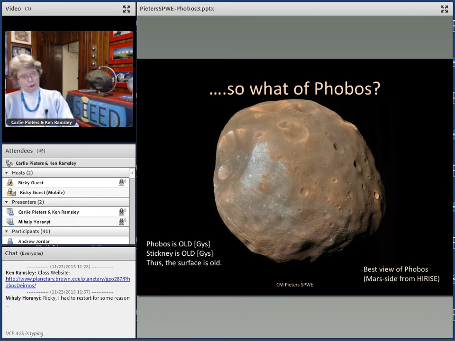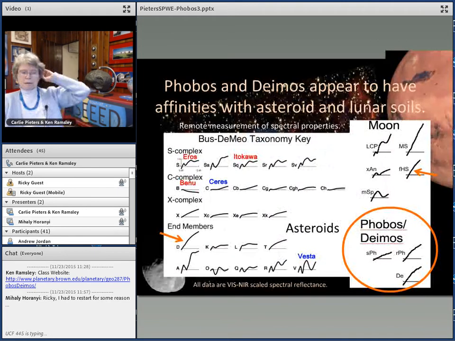Okay, what about Phobos? Phobos we know is old. Even Stickney, the crater, is old, and therefore the surface is old. The regolith is old. Coming back to our overview of Phobos and Deimos compared to other bodies in the solar system, well, maybe it is space weathered, similar to the way we see on the moon, this really heavy development of nanophase iron.